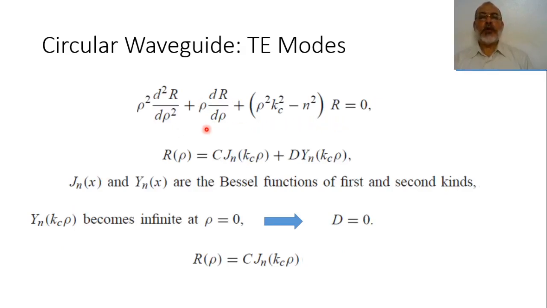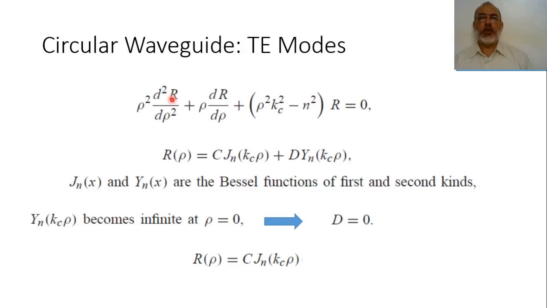Effectively, this form is known as the differential equation of Bessel functions. And the general solution of this second order differential equation has two different solutions.